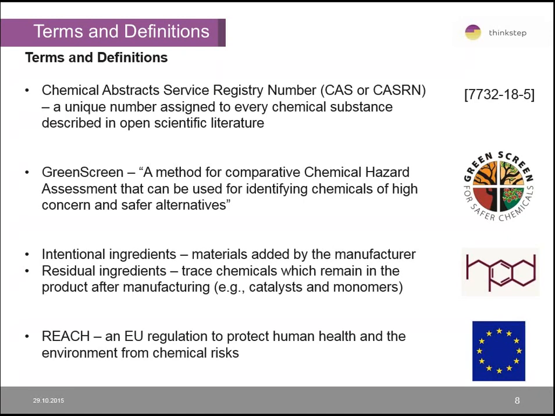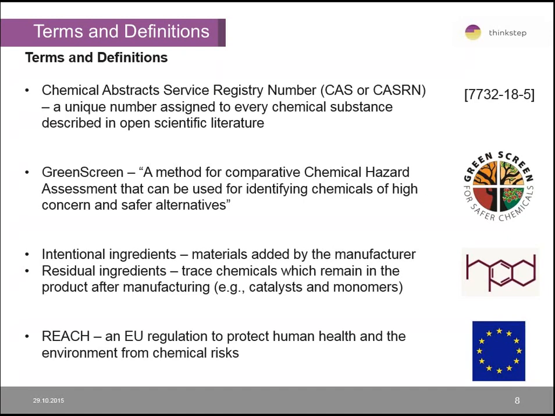But those CAS numbers, those unique identifiers, are used in some of the pathways to achieve this LEED credit, so I just wanted to touch on those. Another item that is maybe not familiar to everyone is Green Screen.